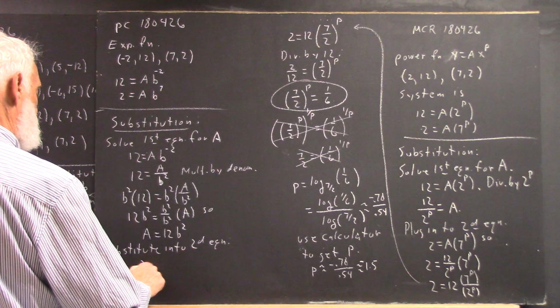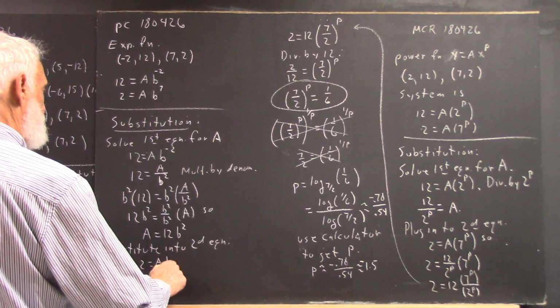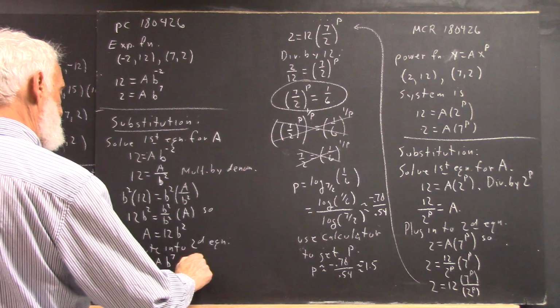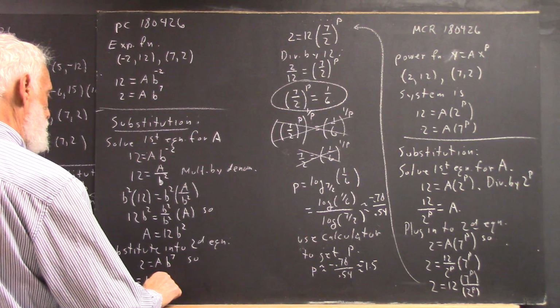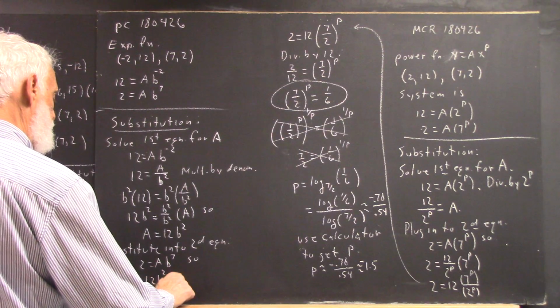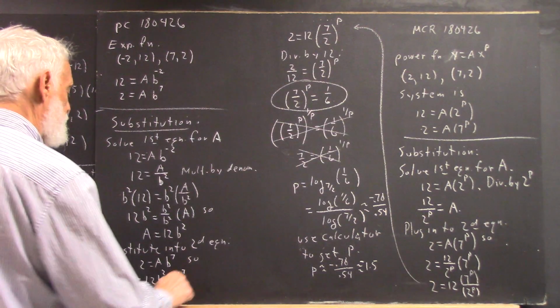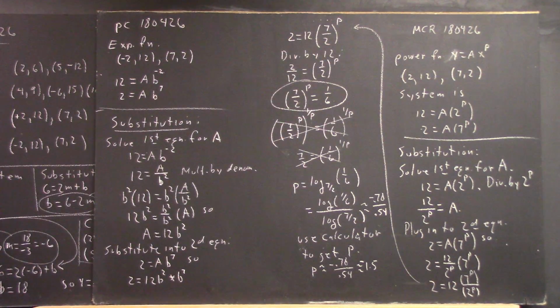Second equation is 2 equals A B to the 7th. So 2 equals 12b squared times b to the 7th, right?